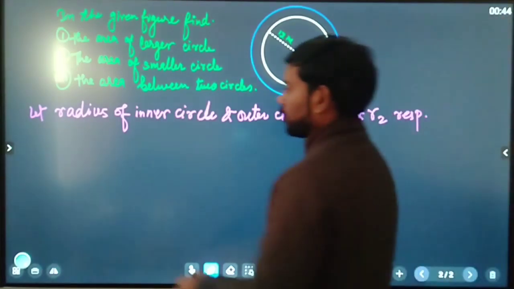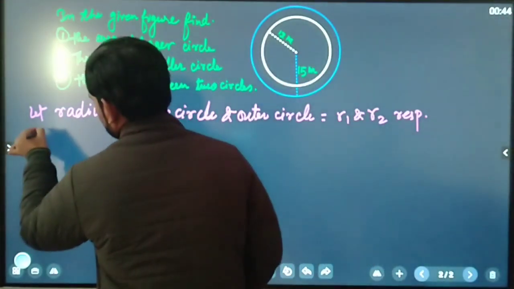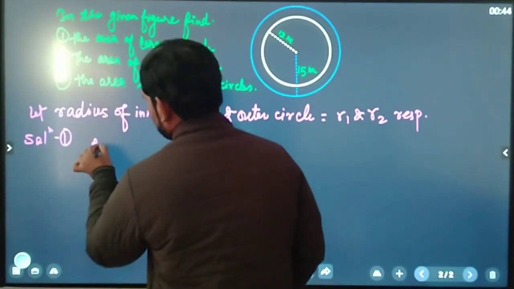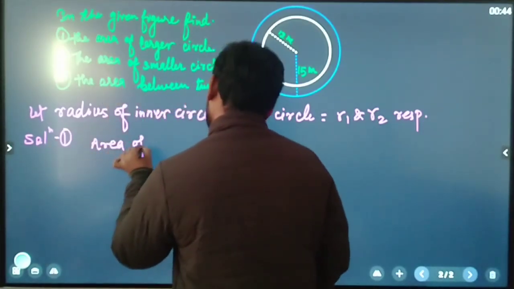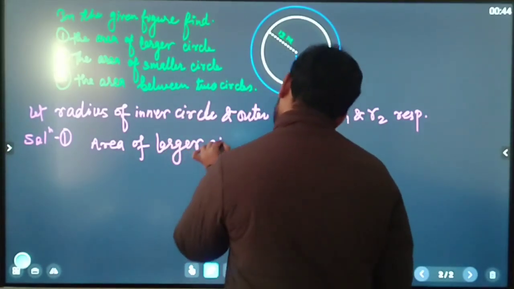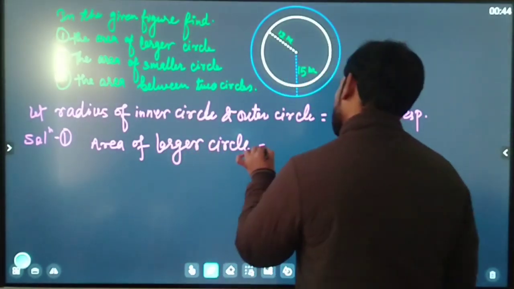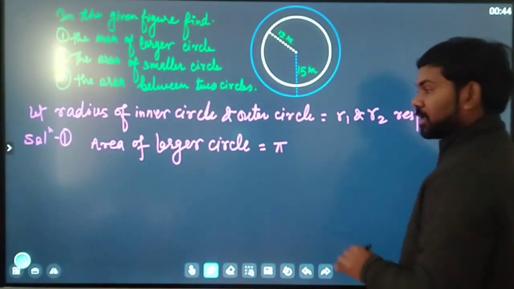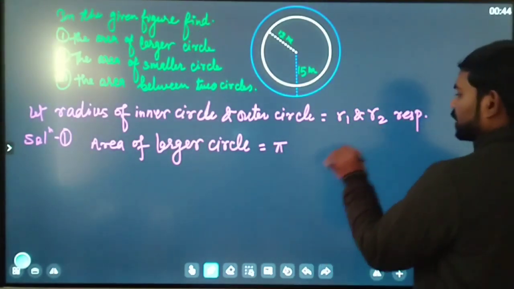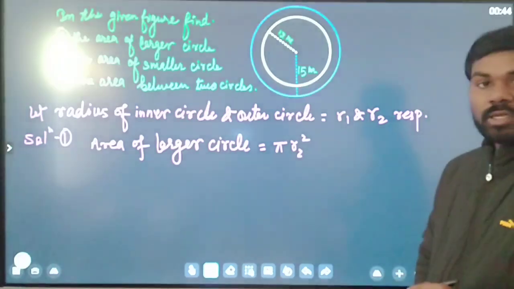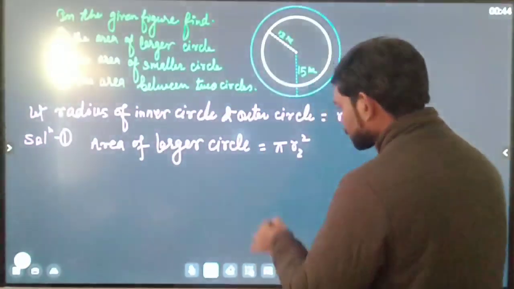Therefore, solution 1, area of the larger circle. So we write the formula pi, and the radius of the larger circle is R2, that is pi R2 square. Is that clear? Now substitute the value.